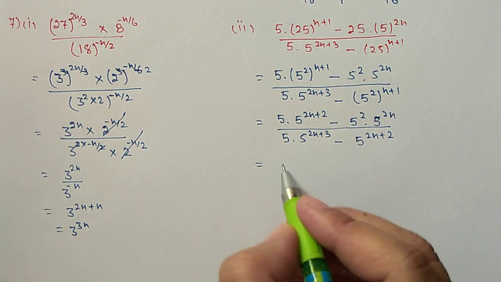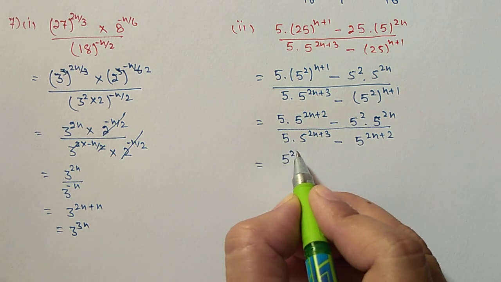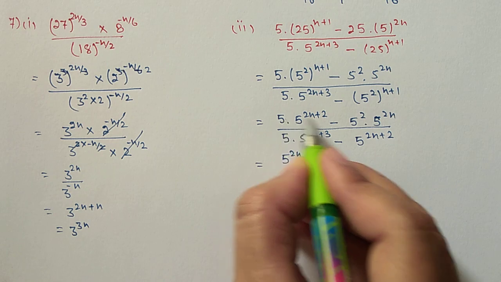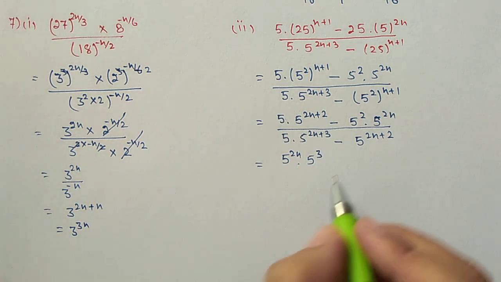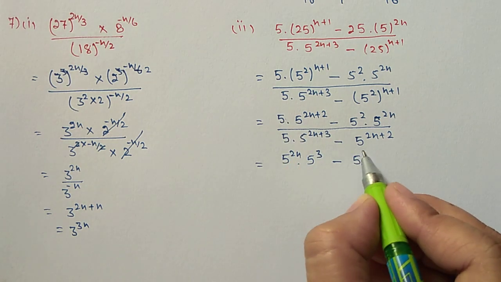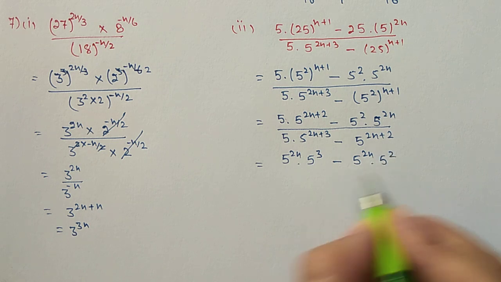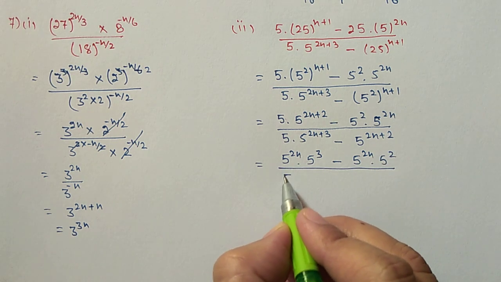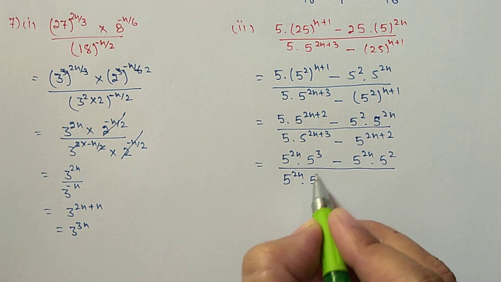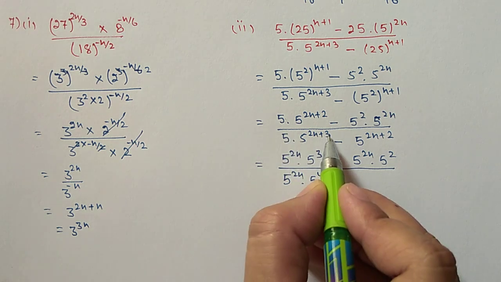Little more we can split it: we can write it as 5 to the power 2n into 5 to the power 1 is here, 2 is here, 3. Here 5 to the power 2n into 5 to the power 2, down 5 to the power 2n into 5 to the power 4, 1 power here, 3 here.